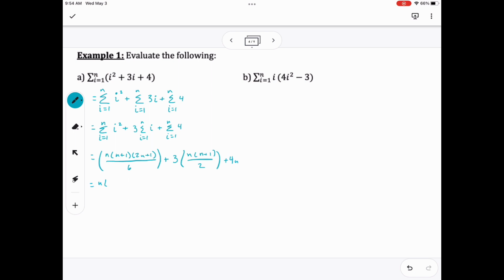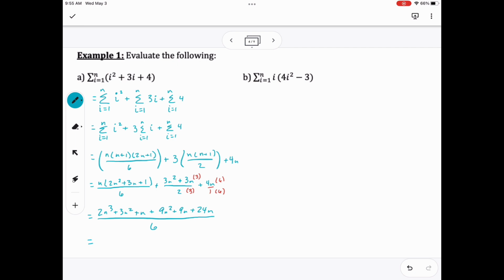And so from there, we want to be able to simplify. I'll multiply my parentheses out on both of these fractions here. And then I'll multiply my 3 through and make common denominators so that I can put all my like terms together, because the most common denominator is 6.